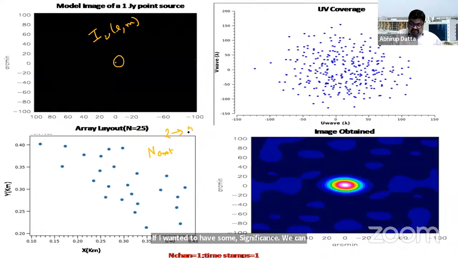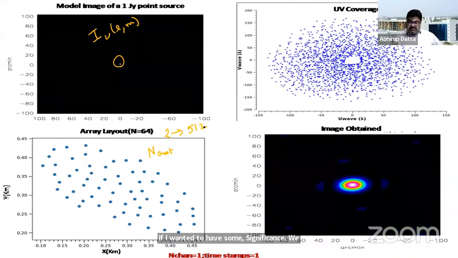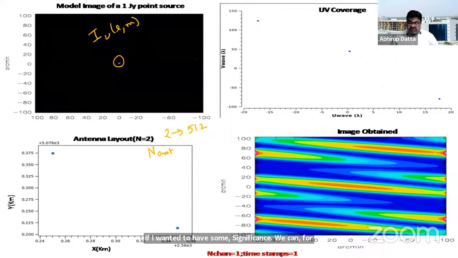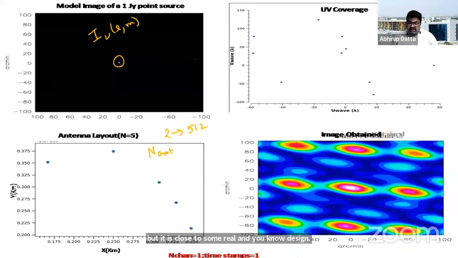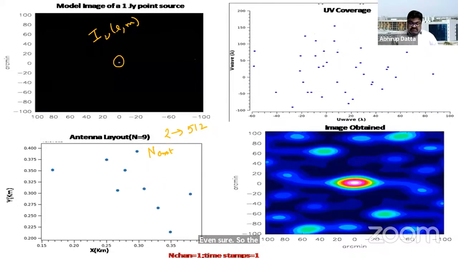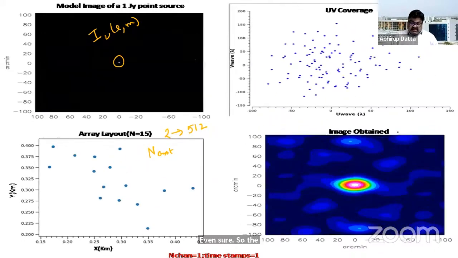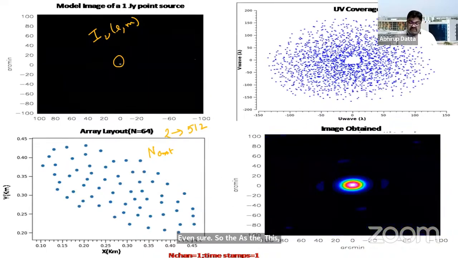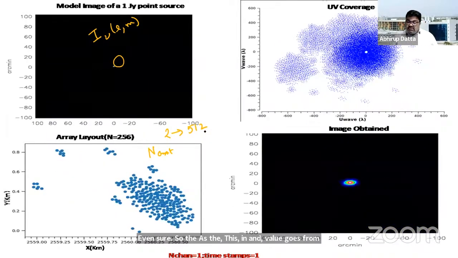It's not important for this, but it is close to some real antenna design eventually. So as the animation progresses, this N_ant value increases from 2 to 512. Very well.